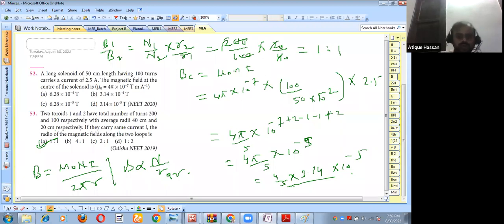So in a toroid, B is proportional to N and inversely proportional to radius. That is the thing. Understood this one? Have you understood this? Rifat, have you understood how we got 1:1?